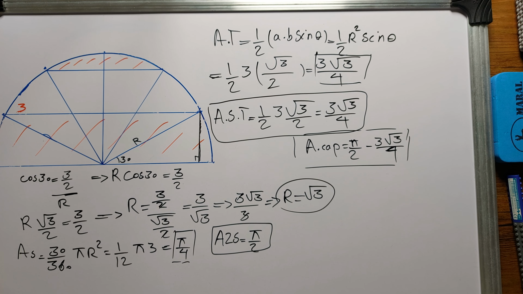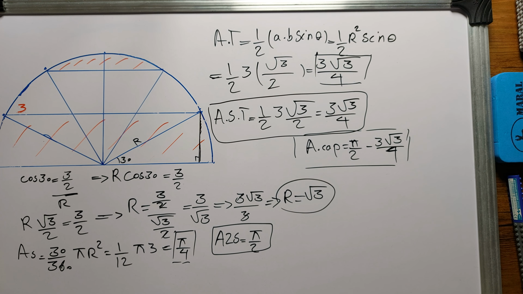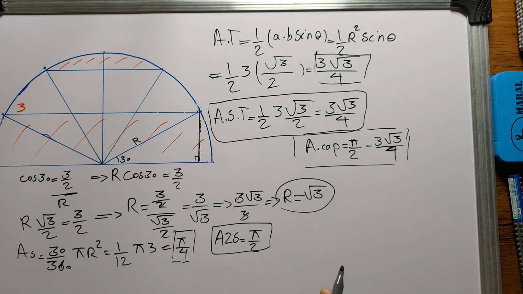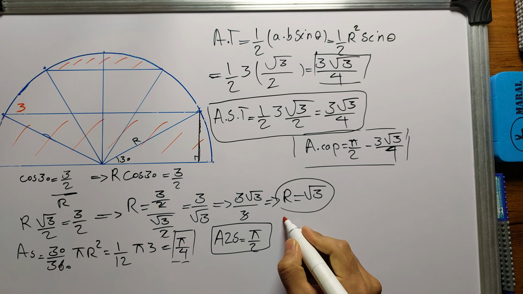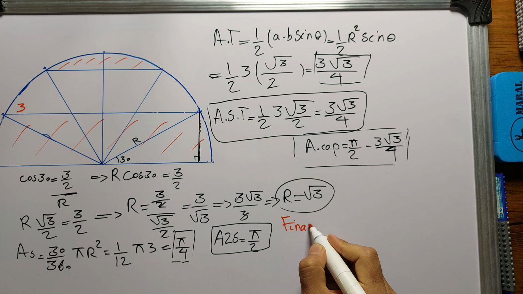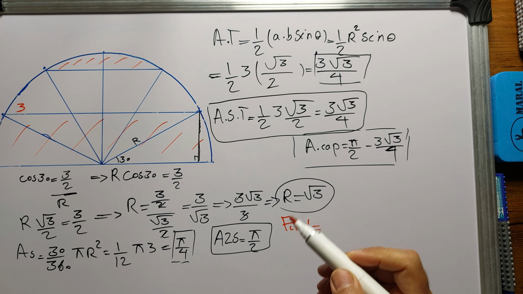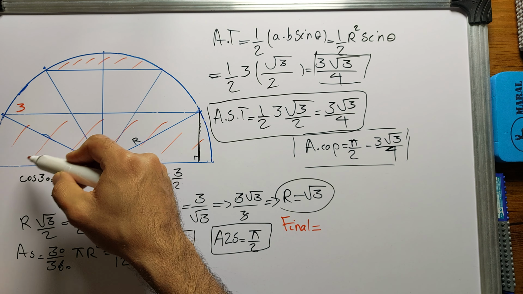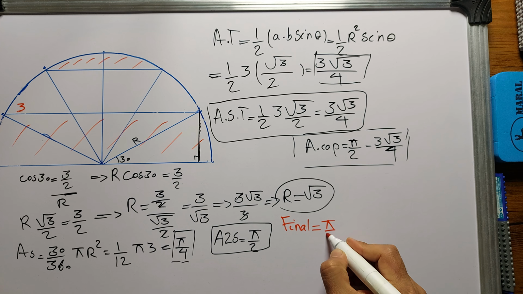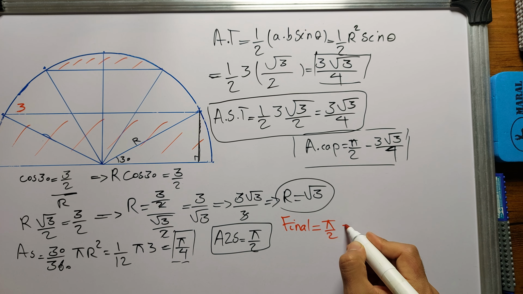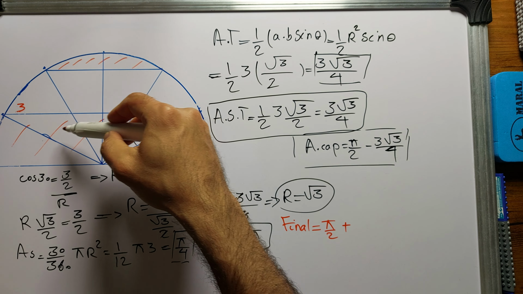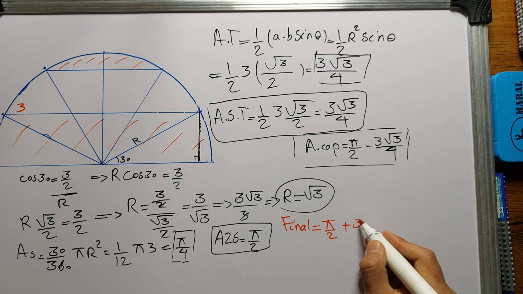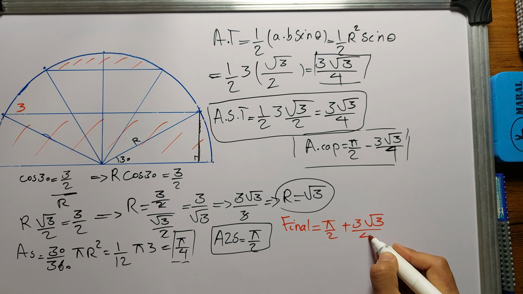Now the last step is just easy, just some algebra, adding and subtracting things. Okay, I think we can write it down here. The final red area equals, so we had two slices here, which was pi over 2, plus the area of this big triangle, which was 3 square root of 3 over 4.